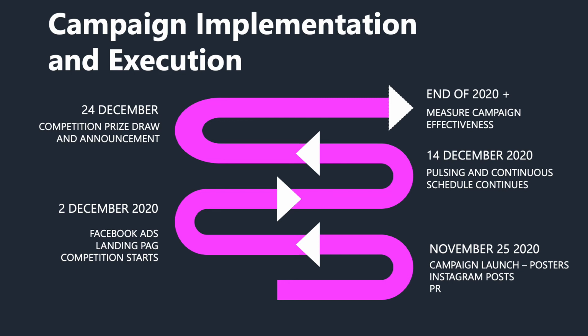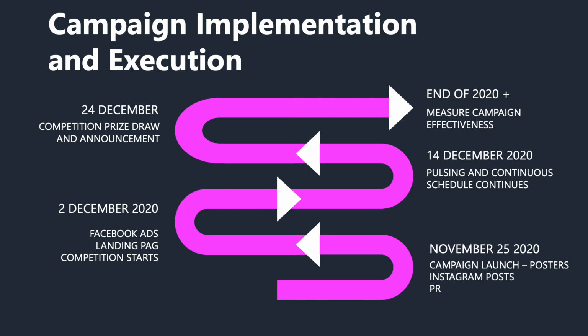On the 2nd of December, the following week, we'll be starting with the landing page, Facebook ads, and the competition proper. The week after that will really just be a continuation of the Instagram posts and boosts, the Facebook ads.